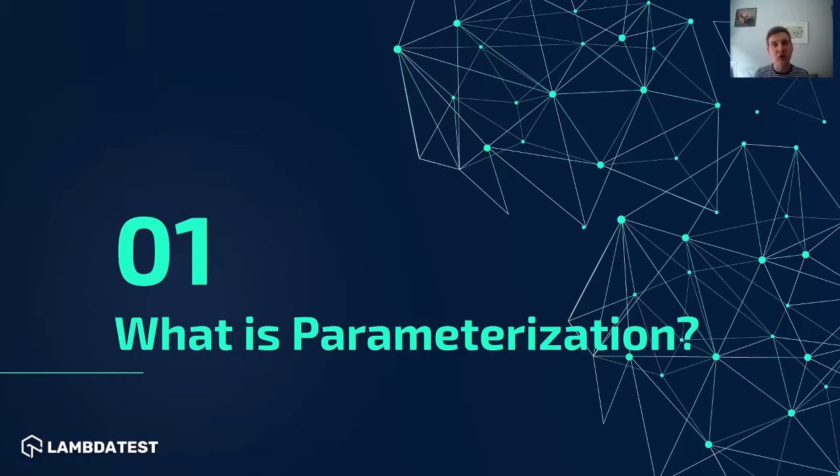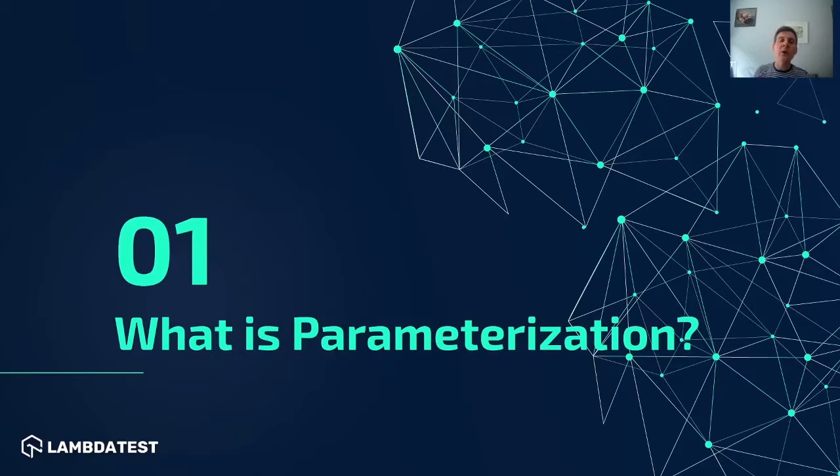Now, the other place we can use it in our test suite is to parameterize the browsers that we're testing our application on. So when we're using the LambdaTest platform, we've seen how we can use the capabilities to specify the browser and the operating system and the browser version and run our tests on that specific setup.